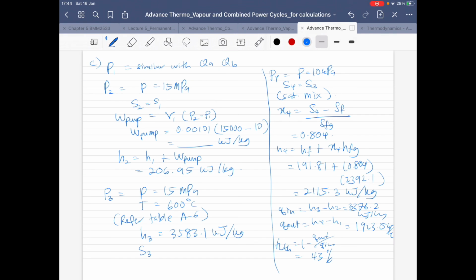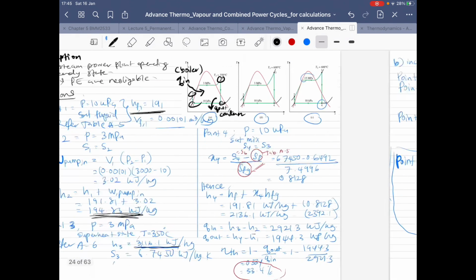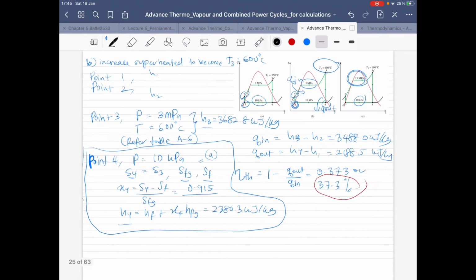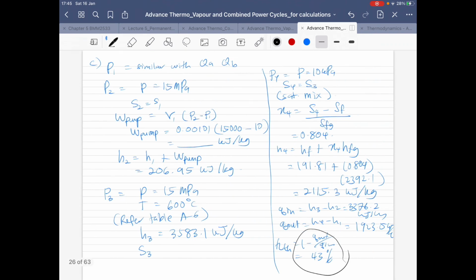Look, 43% already. It is getting higher. We increased the boiler pressure, and it went up to 43%. So initially it was only 33.4%, then increased to 37%, and whenever we increase the boiler pressure, we get up to 43%. Okay, I think that's all for this question. Thank you.